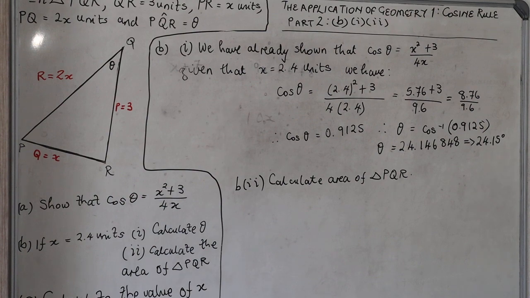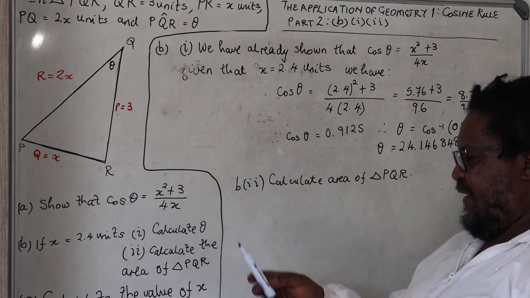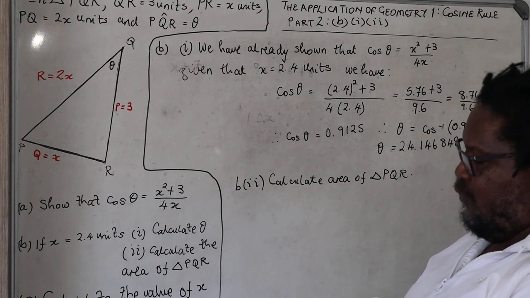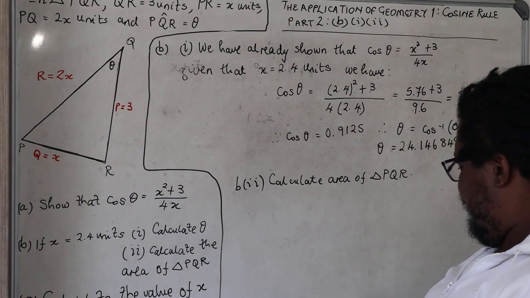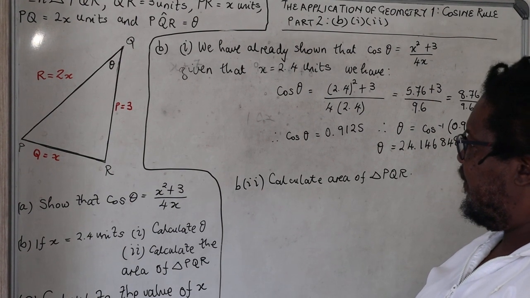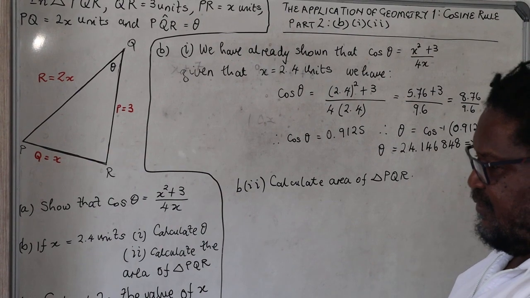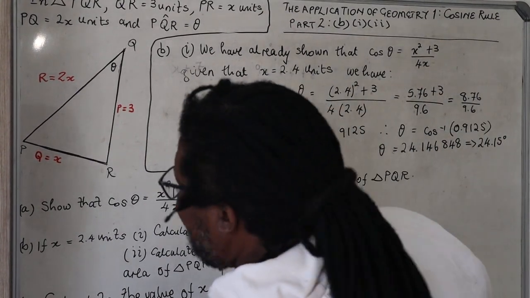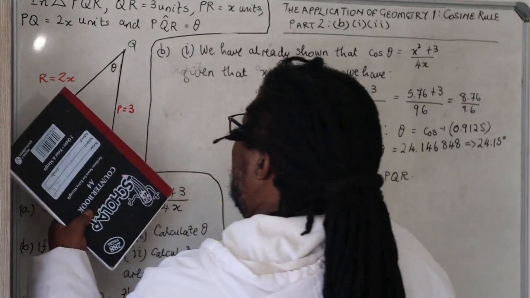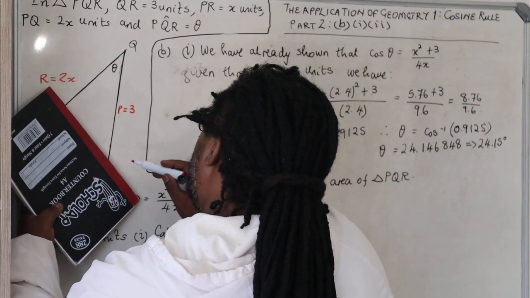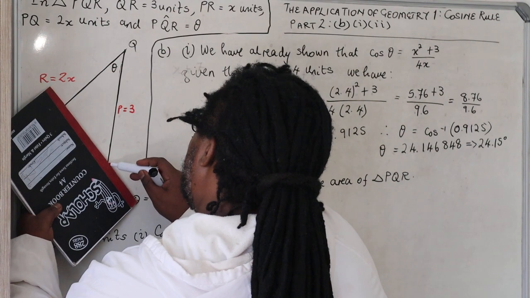So in this case, for us to have a height, I'm going to drop a height from P to the base PQ, and I'll drop that height using the red crayon so we can identify it.